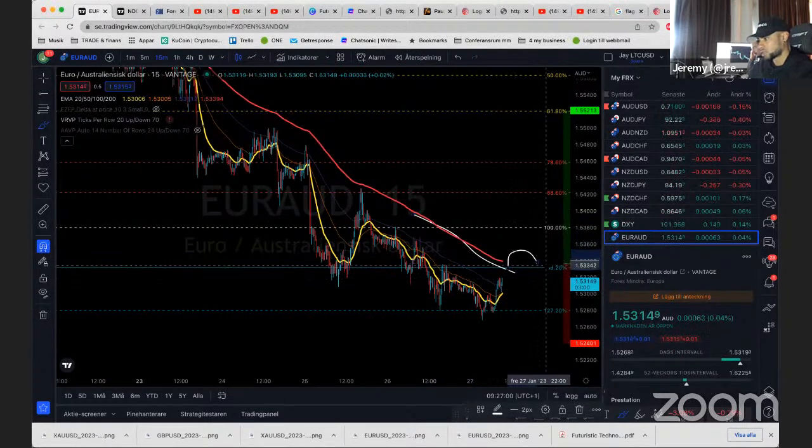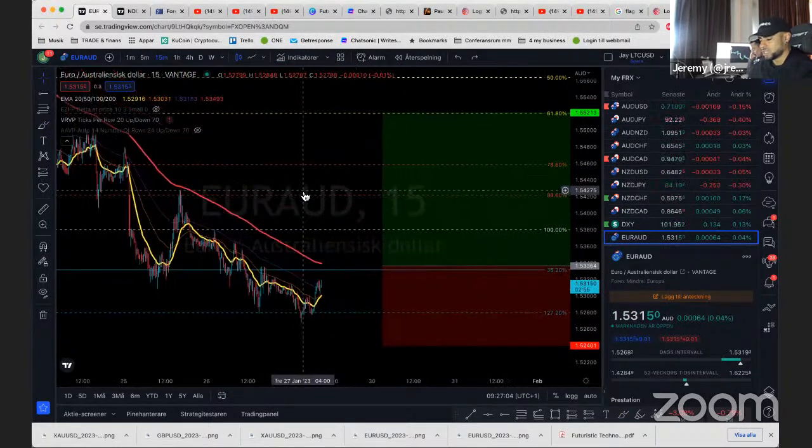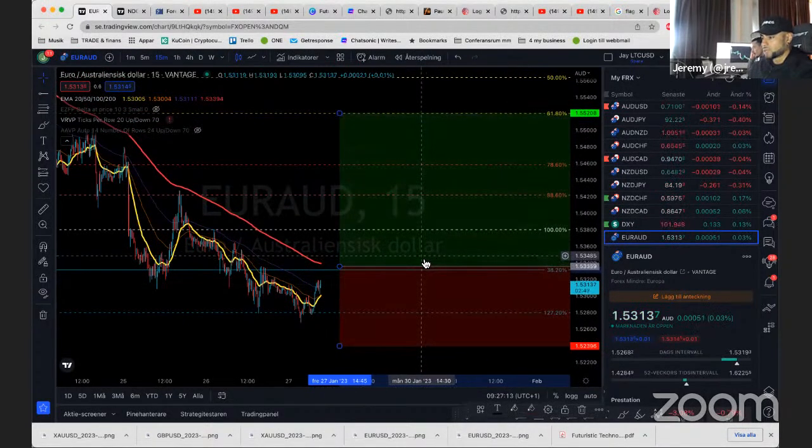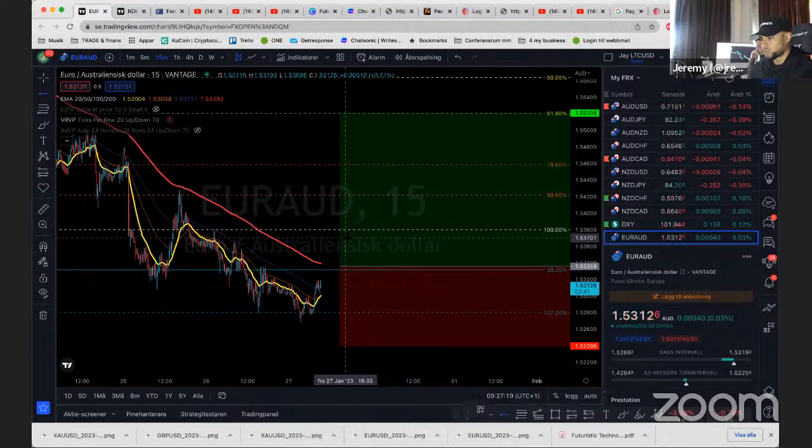We'll flip that one on top. So this is a nice trade that I see, but we need to let the market come to us, do its thing, and to do that we have to wait, be patient, as I said before. So that's what we're doing now, and we can set this trade out.